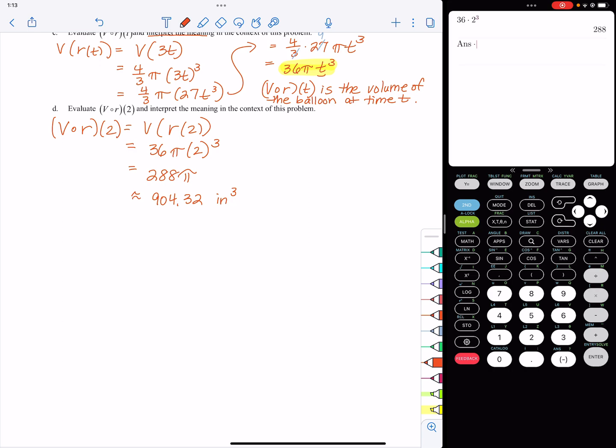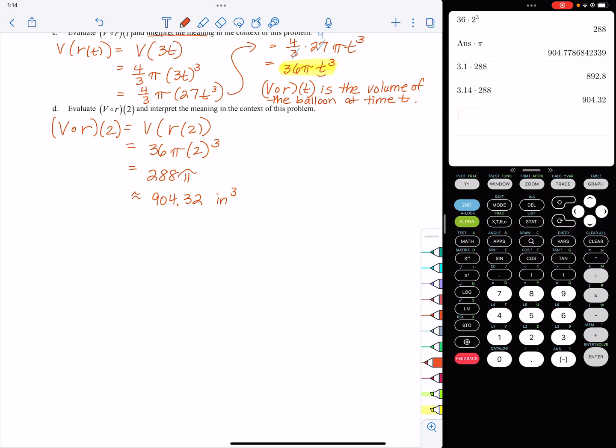And I want to multiply that by pi, and pi is right above the arrow up, and you'll get 904 point, and I guess that should have been, maybe we did 3.14 and not the exact. I meant 3.14 times 288. I think that's where I got the 904.32.